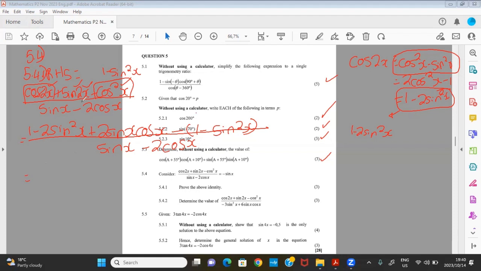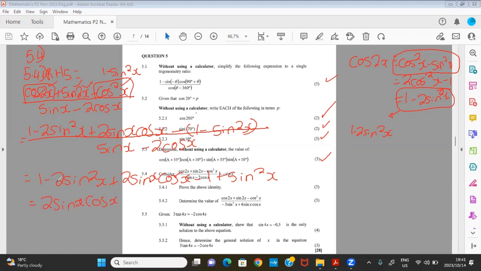So let's look at our numerator. We're going to have 1 minus 2 sin squared x plus 2 sin x cos x minus 1 plus sin squared x. Let's put our like terms together. Let me start with 2 sin x cos x.